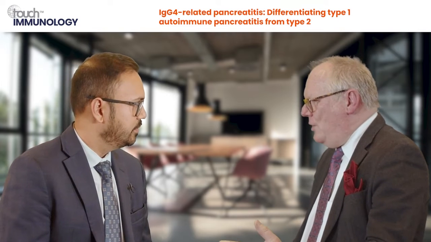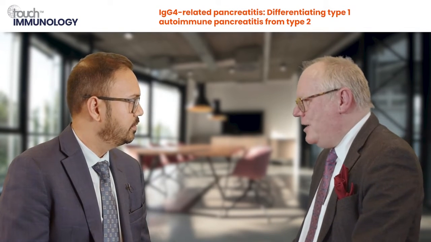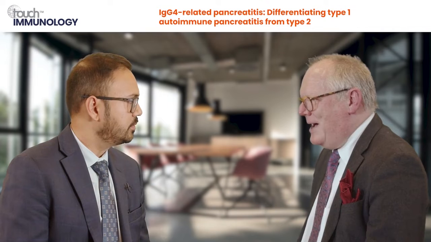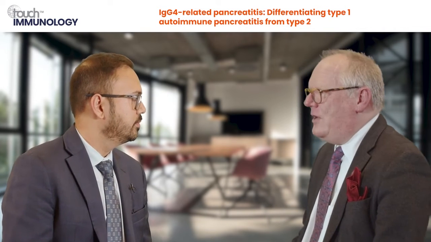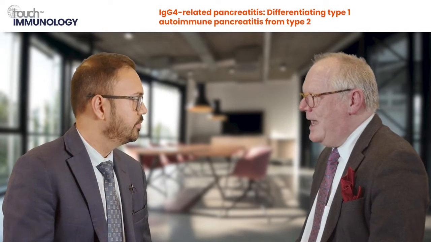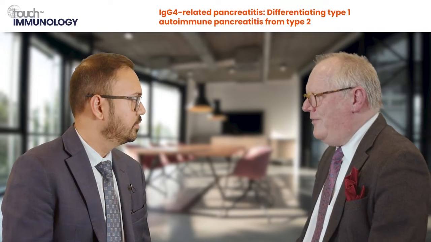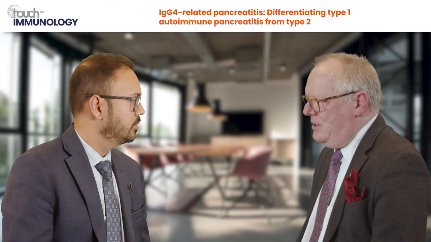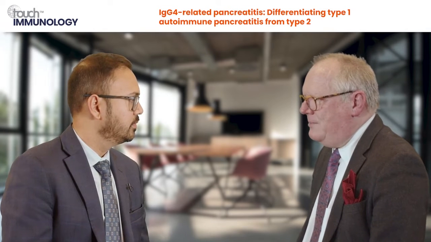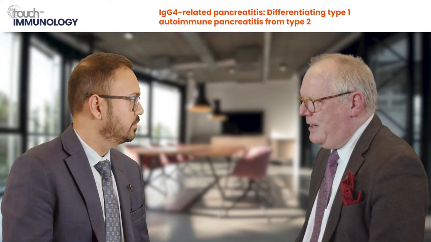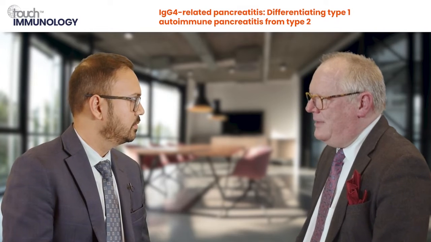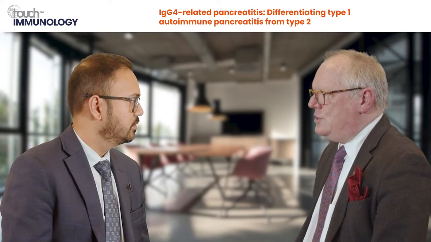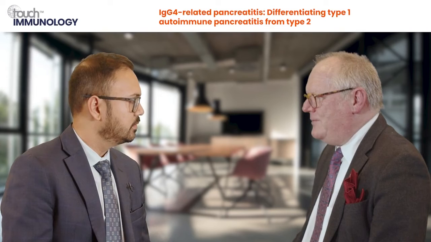I would like to follow the so-called HISORT criteria, which were actually developed by Mayo Clinic 10 or 15 years ago, I believe. And this is a very nice acronym because it includes all of the 5 elements, which is histology. So if you take a biopsy or have a surgical pathology of a mistakenly resected pancreatic head, then you would see what is called storiform fibrosis, which is very typical.